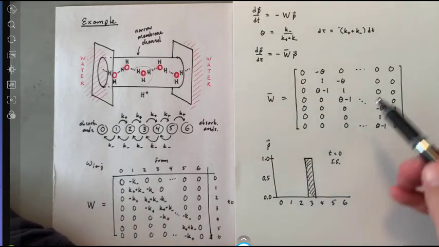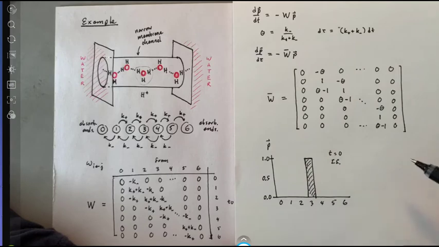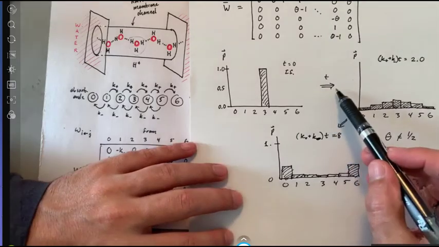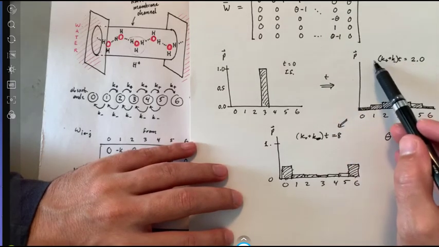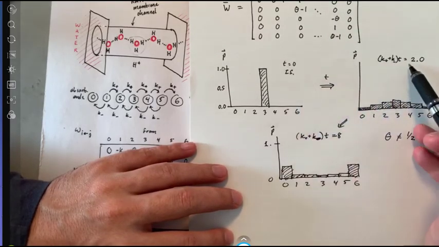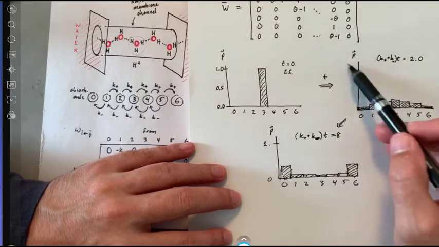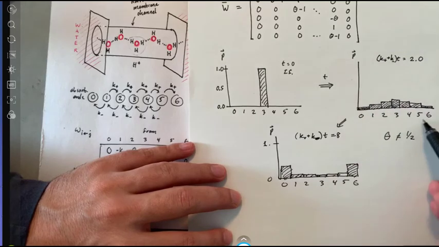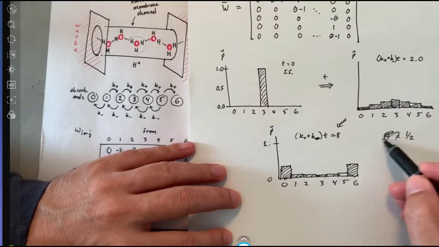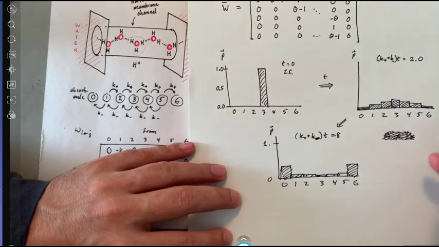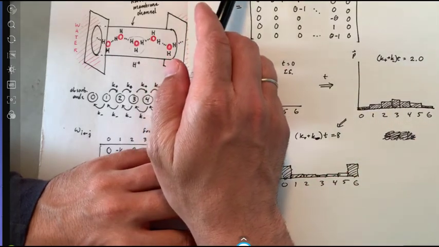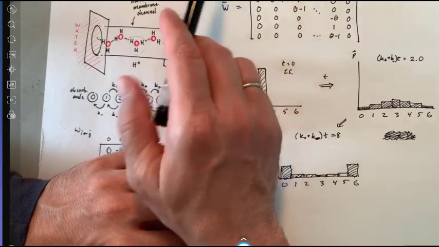What this equation now describes is that I'm going to evolve this in time. As time passes, the dimensionless time grows from initially 0 up to 2.0, and I'm redrawing my vector of probabilities at a later time. We are drawing the case where theta is equal to 1/2, so it's an even split, equally probable to go to one side versus the other with each individual hop.